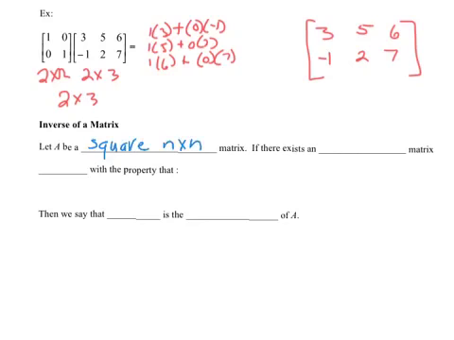Then if there exists an n by n matrix, and we're going to call this A to the negative first, with this property, when I multiply A by this A to the negative first, I get the identity matrix back out again. Just like if you were multiplying a variable times its inverse, you would get the number 1. It's the same thing with matrices. Then if that happens, we can say that A to the negative first is the inverse of A.